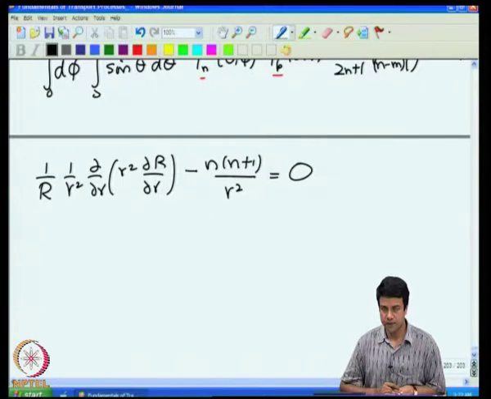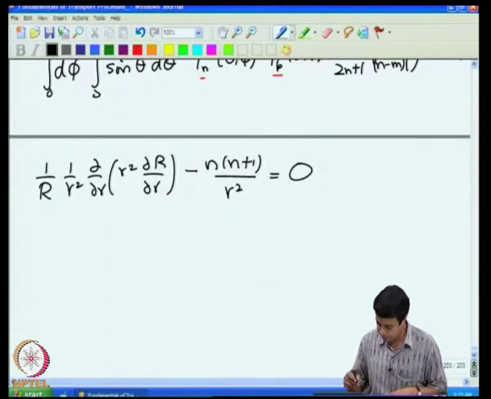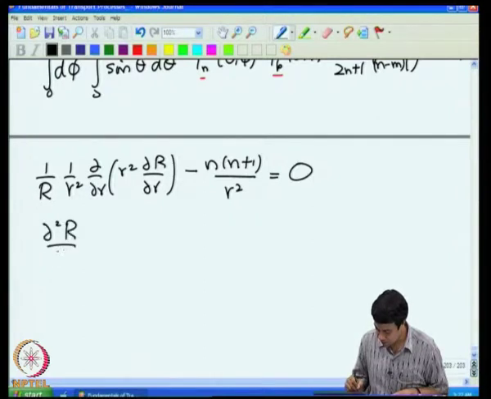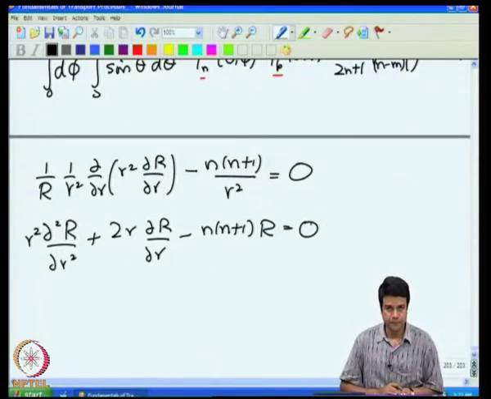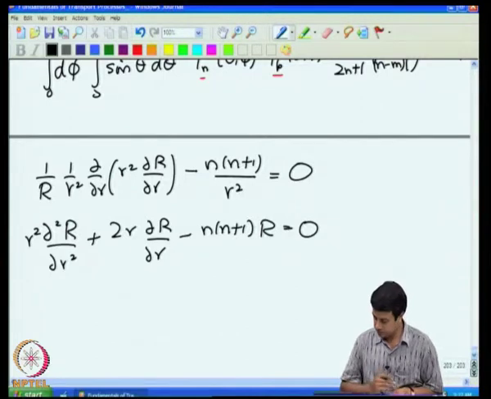I can expand this out to give partial square R by partial r square plus 2 over r partial R by partial r minus n into n plus 1 over r square R is equal to 0, just by expanding this out.